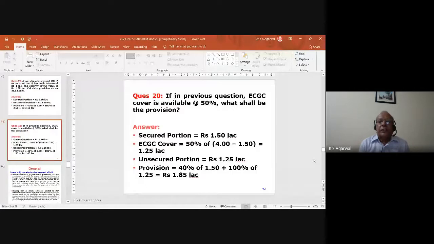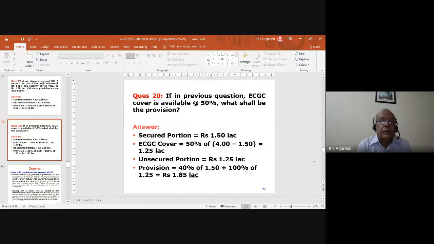So ECGC cover is 50% of 2.50 lakh, that is 1.25 lakh. So unsecured portion is 4 minus 1.50 minus 1.25, that is 1.25 lakh. And because it was DB2, so 40% of 1.5 and 100% of 1.25, it is 1.85 lakh is the answer.